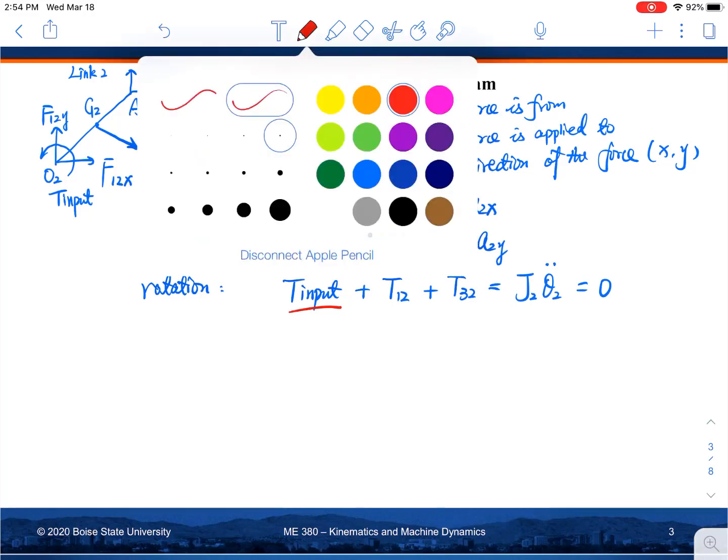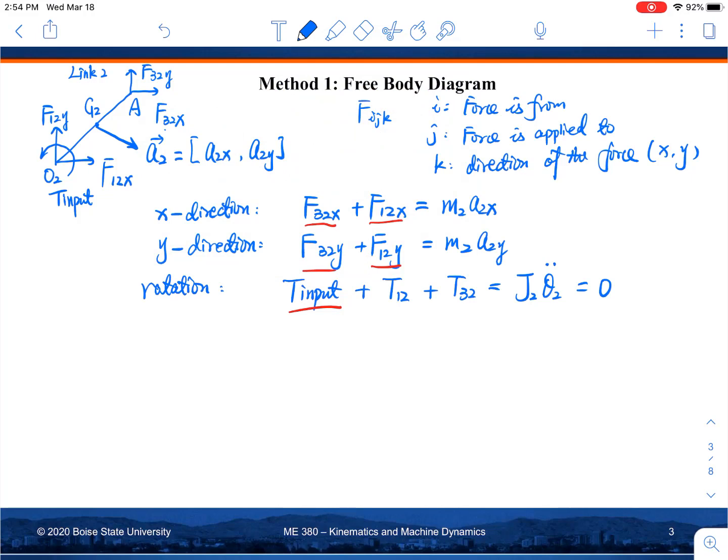So what else? So what is the T12 then? Your T12, by definition, is the position vector R12 cross product force F12, right? So what is your R12? By definition, your R12 starts from the center of rotation, and it should end at the F12 force.